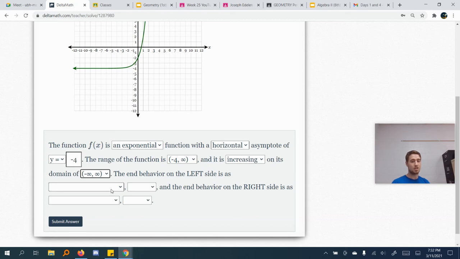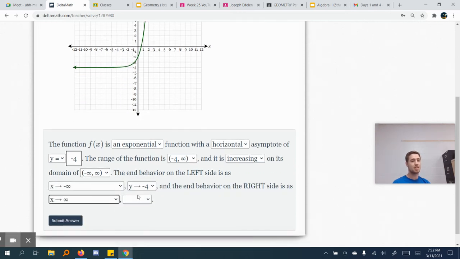The end behavior on the left side is x goes to -infinity because we can plug anything into it, and y approaches -4. So it's going down, down, down, down until it gets to -4, but then it just kind of flatlines. But it's still going down towards it. And the end behavior on the right side is x goes to infinity, y goes to infinity.